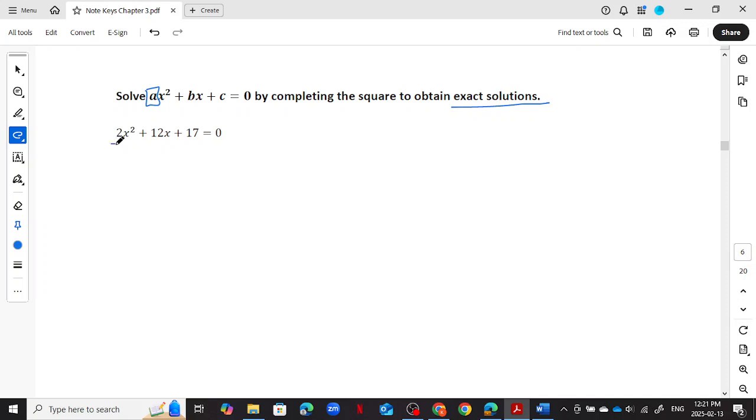So what we're going to do is we are going to just factor out the 2 from the x squared and the x term. And then you're going to leave some space. You're going to have that 17 on the end, and you're going to make it equal to 0. But I will make a caveat that if you wanted to, and if you recognize that because this is an equation, you actually can, instead of greatest common factoring out the 2, you could divide both sides of the equation by 2.